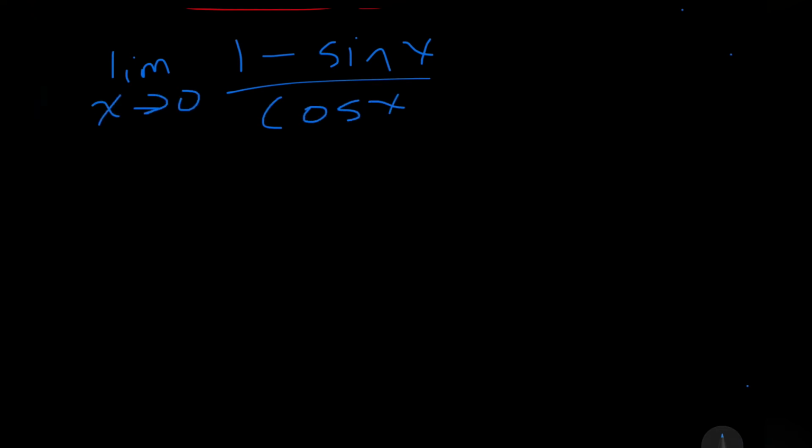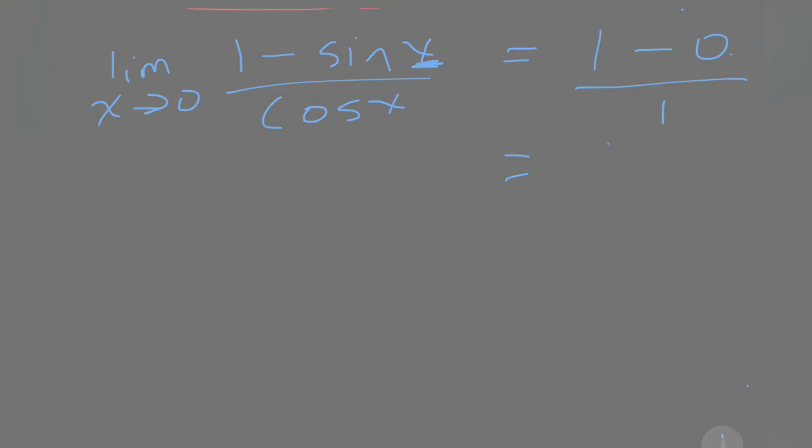Now you are given this question: the limit of 1 minus sine x over cos x as x approaches 0. If we do a direct substitution, we would have 1 minus 0, because if we plug in 0, sine 0 is 0, over cos 0, which is 1.